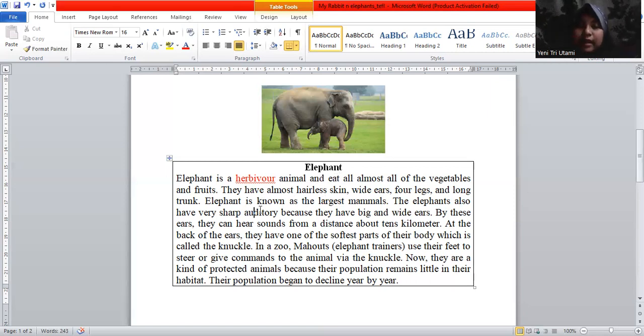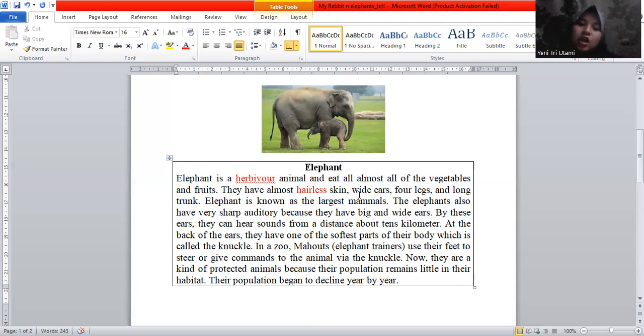And then the next is they have almost hairless skin. So here we found a new vocabulary called hairless. What does hairless mean? Hairless here means this elephant almost doesn't have any hair on its body, but still they have several hairs, but it doesn't cover all of their body parts.